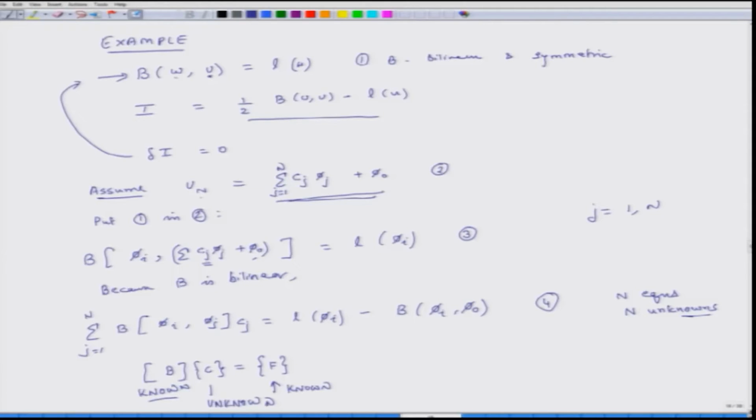Now I can solve these equations and get the values of C's.